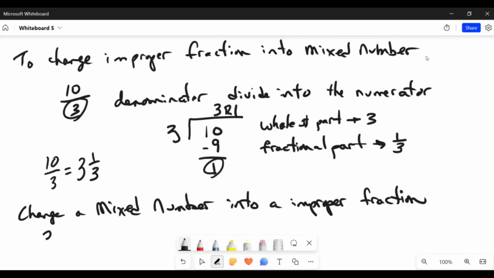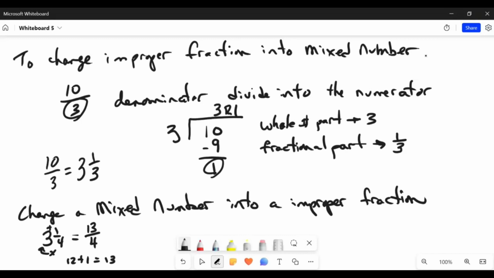If I have 3 1/4, you take the 4 down here, this denominator, and you multiply it by the 3. So that gives you 12. And then you add the number on the top, which is 1, and that gives you 13. So 3 1/4 is 13 fourths.